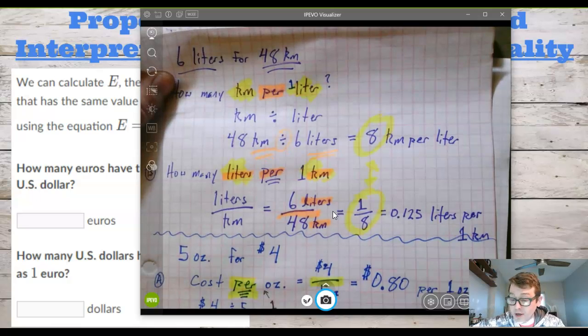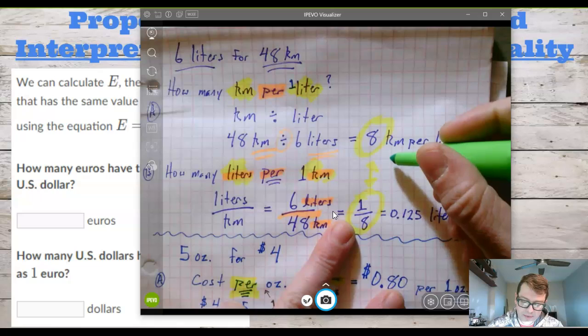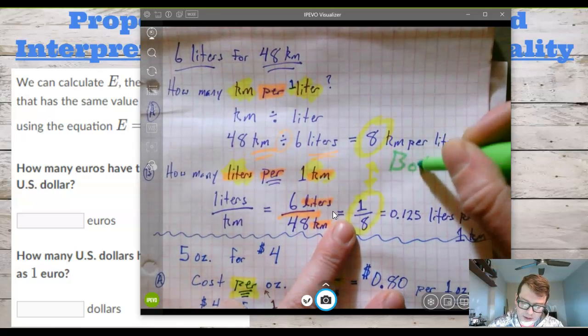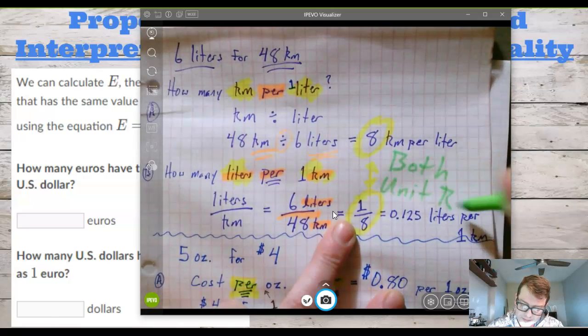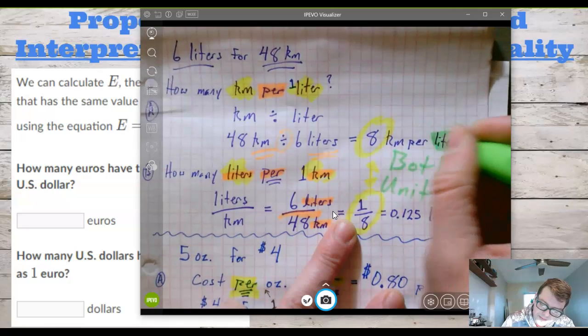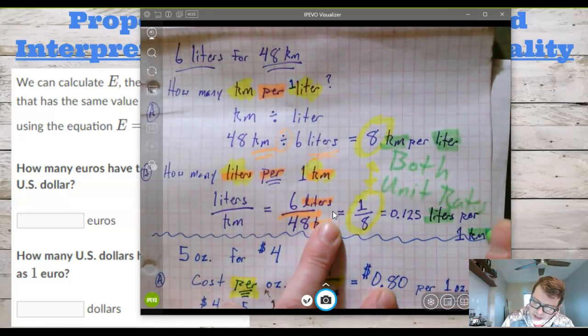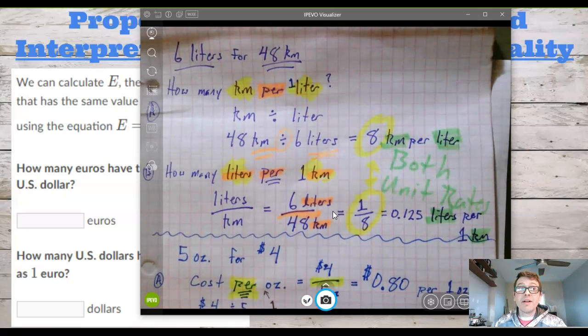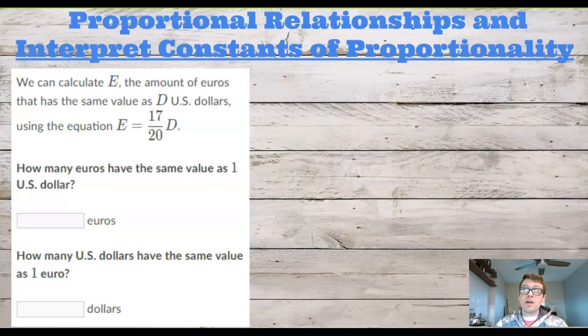So guys, I don't think we wrote this down on Monday, so you should, in your notes, write down that these are both unit rates, and they're reciprocals of each other. Because one is kilometers per liter, and the other is liters per kilometer. This same situation is going to happen for our conversion between euros and dollars.